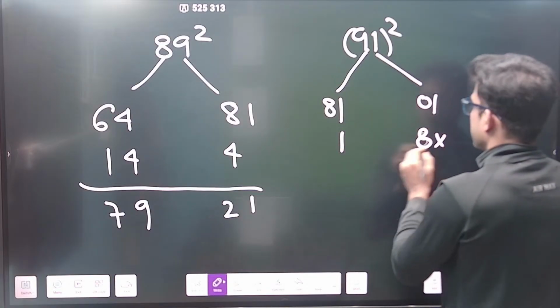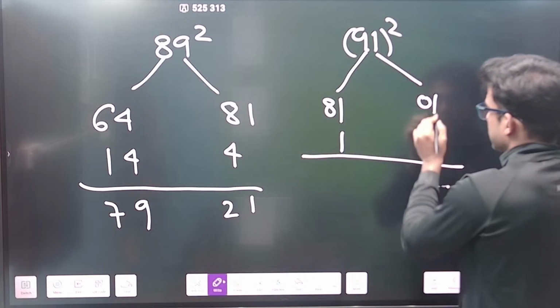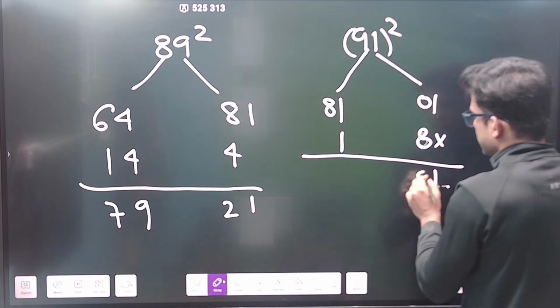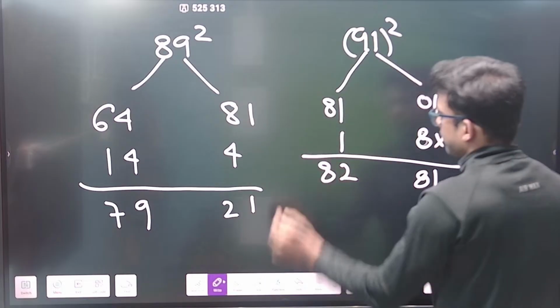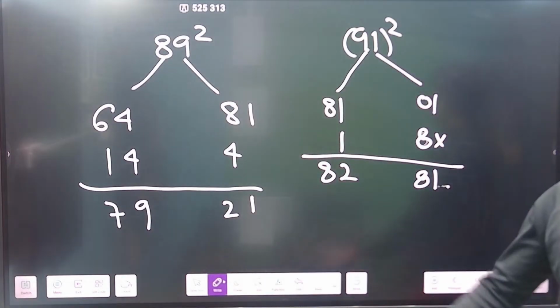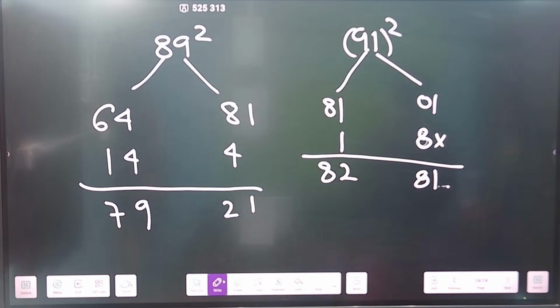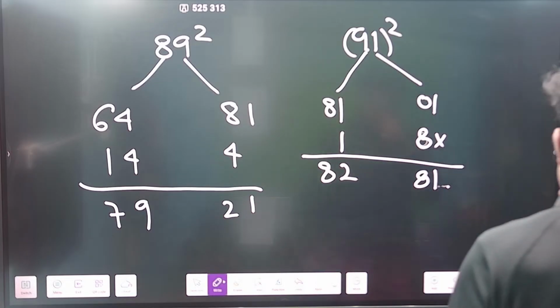Keep a cross mark here. Add. This is 1, this is 8, this is 2, this is again 8. So 8281. You got the same result as earlier for 91 ka square. Means you are getting the same result and you do not need to go for other rules as well. This is the logic.